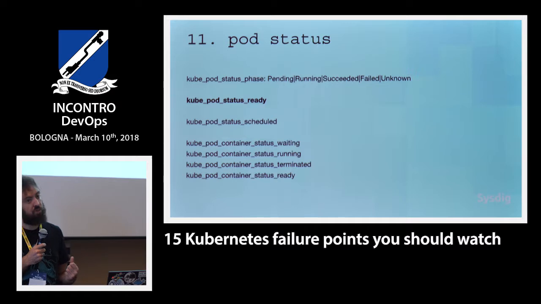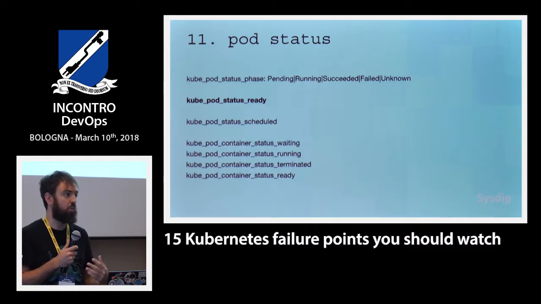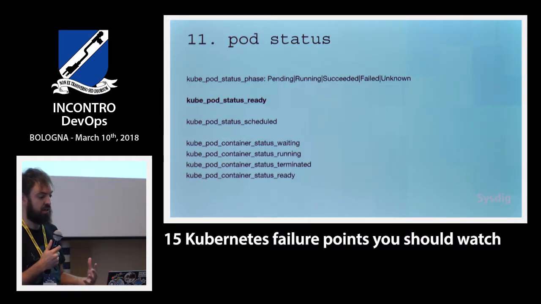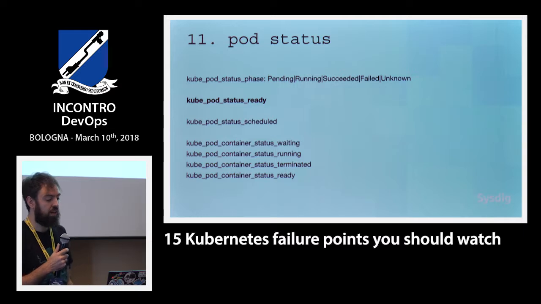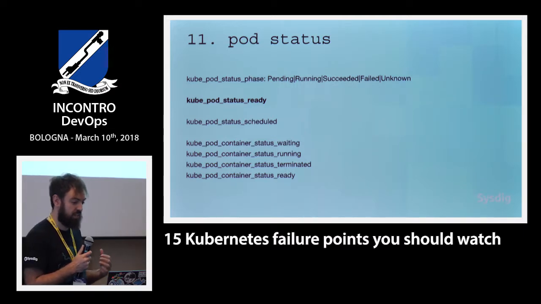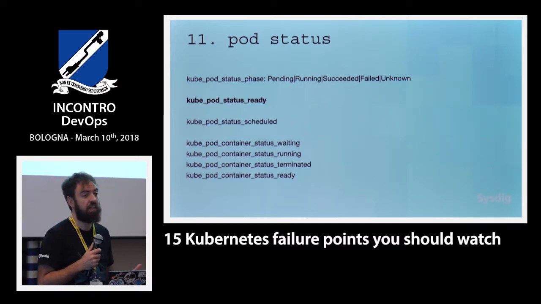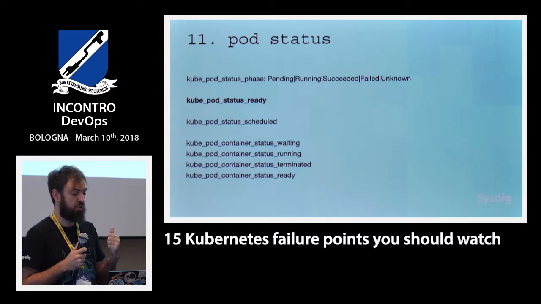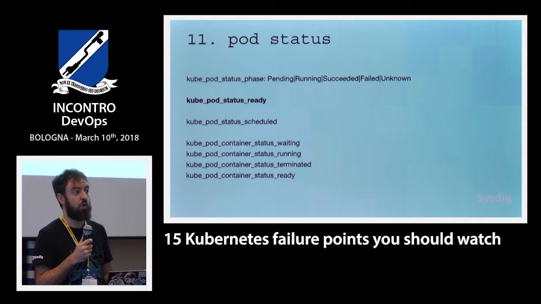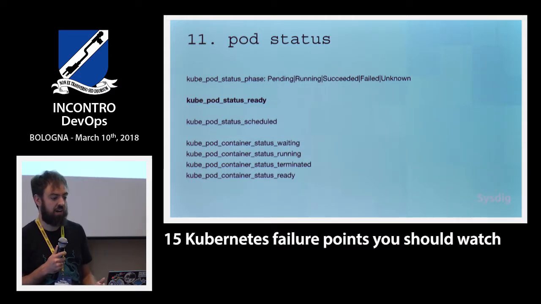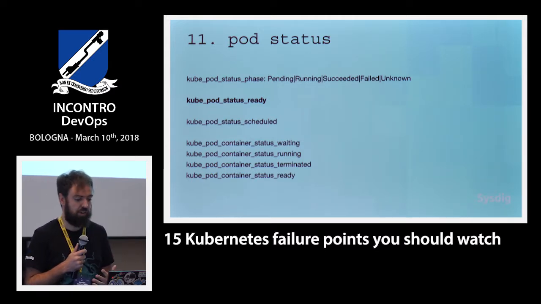These metrics are going to give me information on what kind of things are going wrong in some of my pods. So the number one metric to look at is the status phase. Did we get the container to run, or is it still pending because, I don't know, I wrote a custom scheduler and Kubernetes wasn't able to schedule that container?